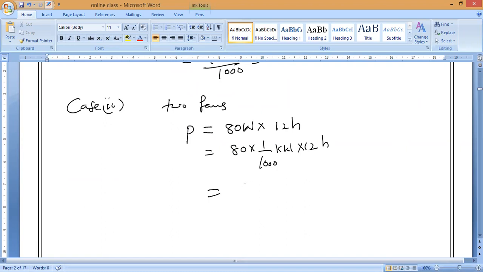Yes, please respond. So that you have to do it and tell me. 960, yes, 960 divided by 1000. So how much will it come? We get 0.96 kilowatt hour.